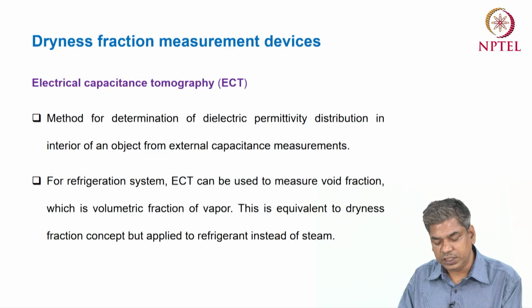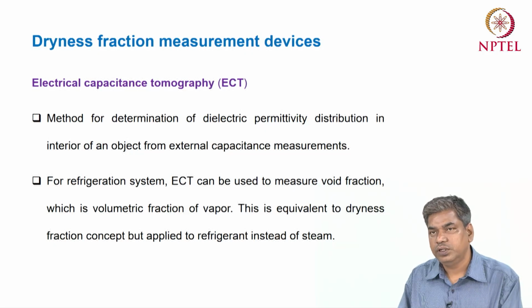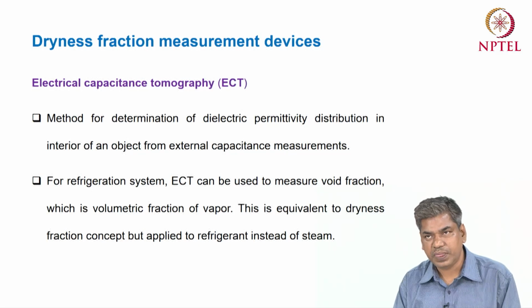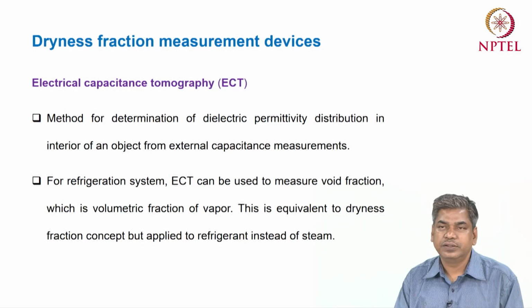From that distribution, we can estimate the fraction of vapor in the mixture, and based on that we can calculate the dryness fraction of the steam at that condition. So this is one procedure which can be used to measure the dryness fraction of a refrigerant in the vapor compression refrigeration system at the two-phase condition.